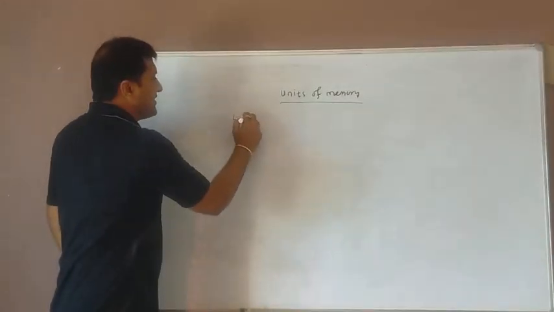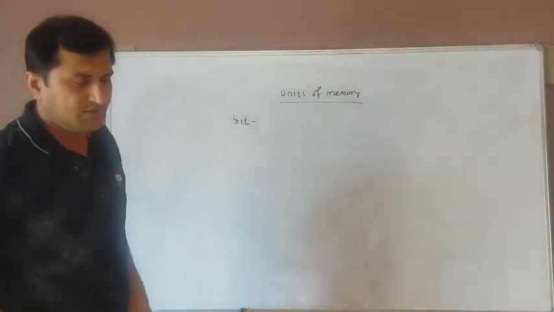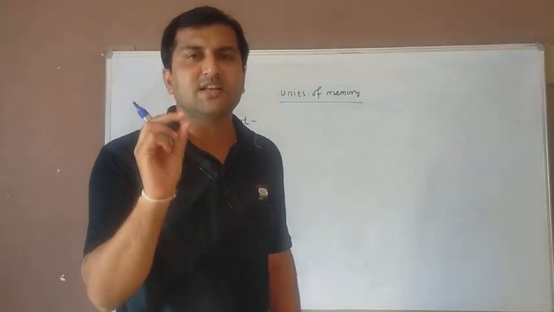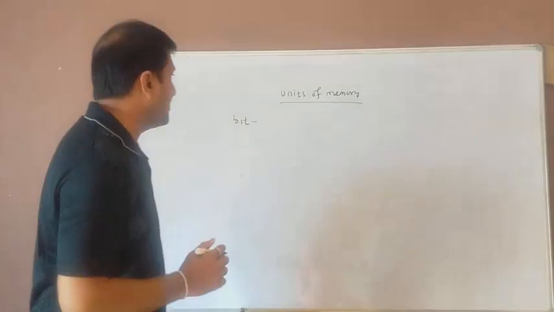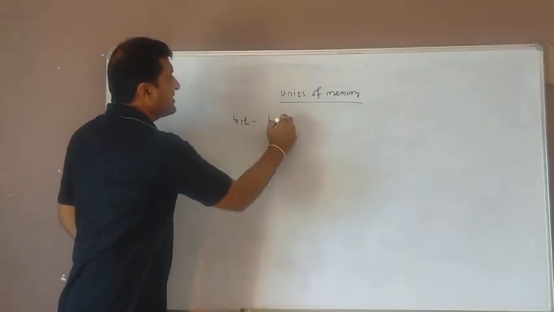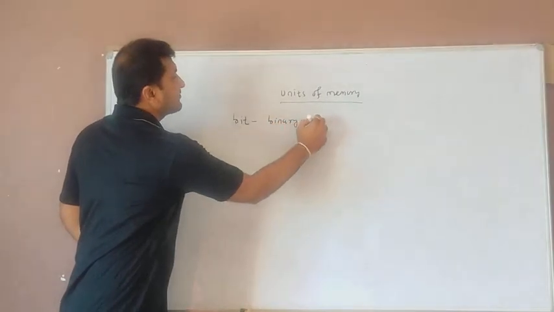The smallest unit is called a bit. The smallest storage element of a computer, the smallest unit of memory, is called a bit. Bit means binary digit.